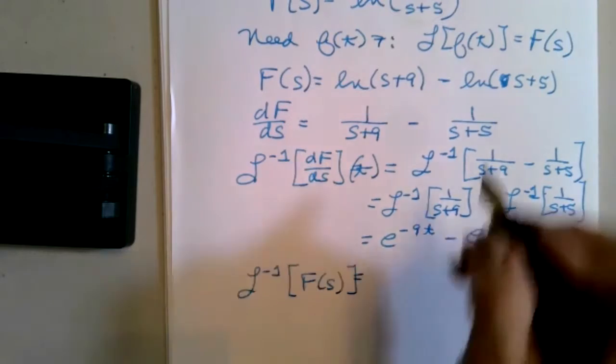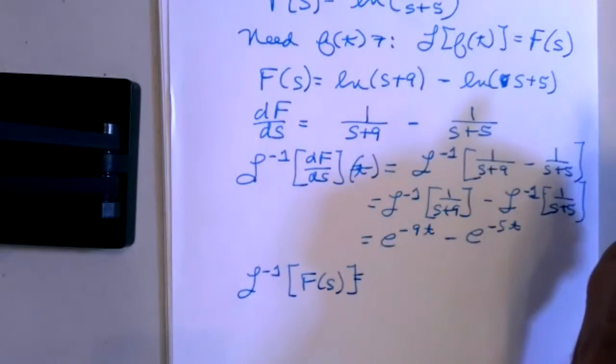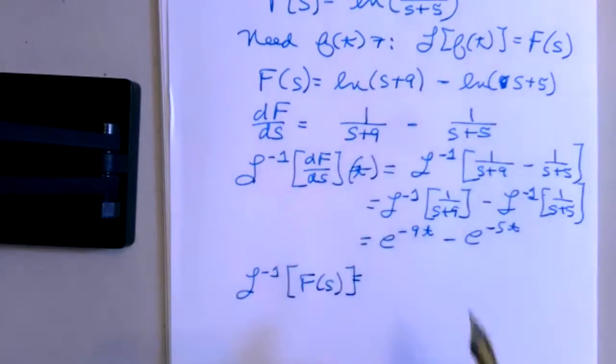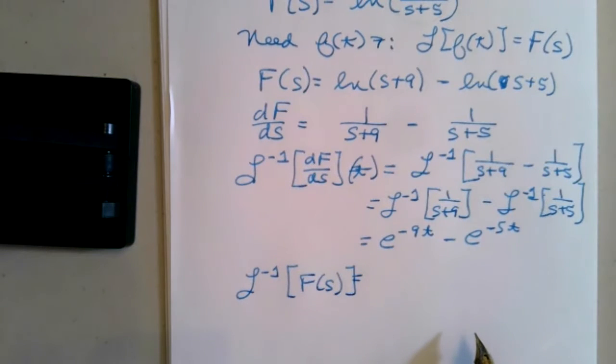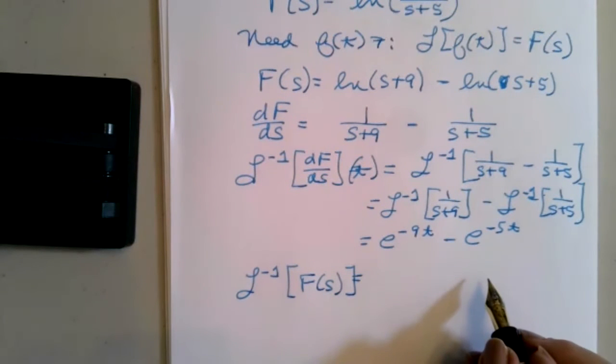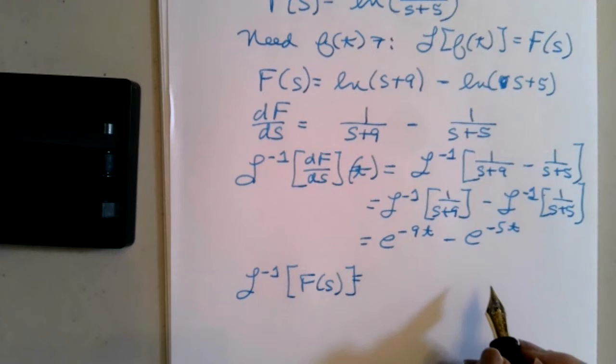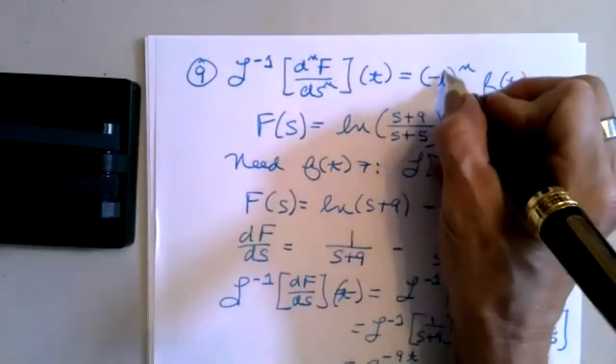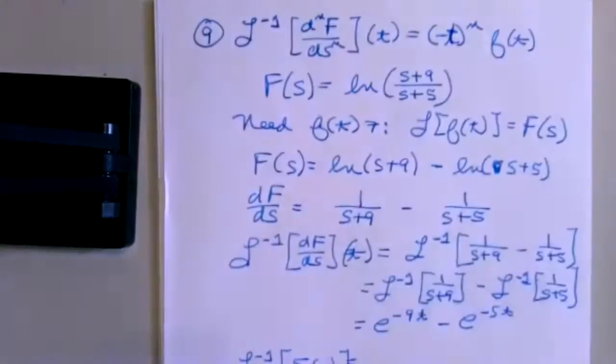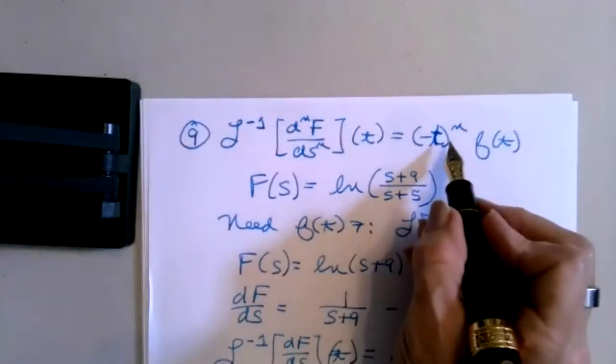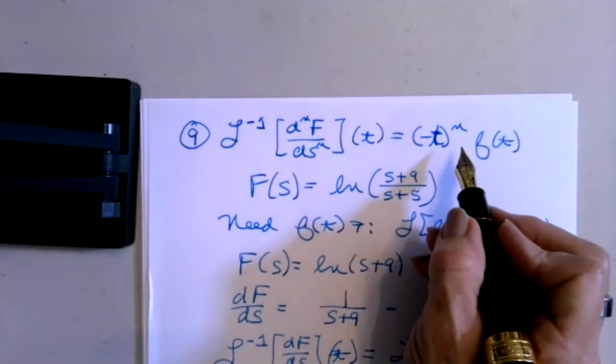So that is the inverse Laplace transform of F of s then, okay, sorry, let's see. I did not copy that right, the thing in the homework problem. This is minus t to the n. There you go. Okay. So I put minus 1 to the n. That's wrong. It's minus t to the n.